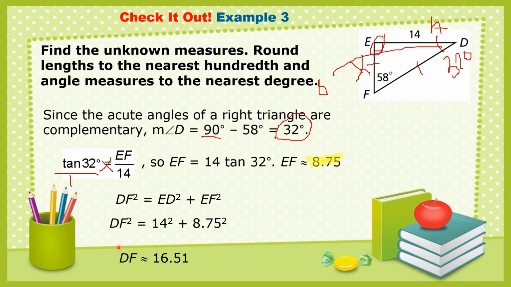In your calculator, 14 squared plus 8.75 squared is equal to 272.5625. Then the square root of 272.56 is equal to 16.51. Therefore, DF is 16.51.